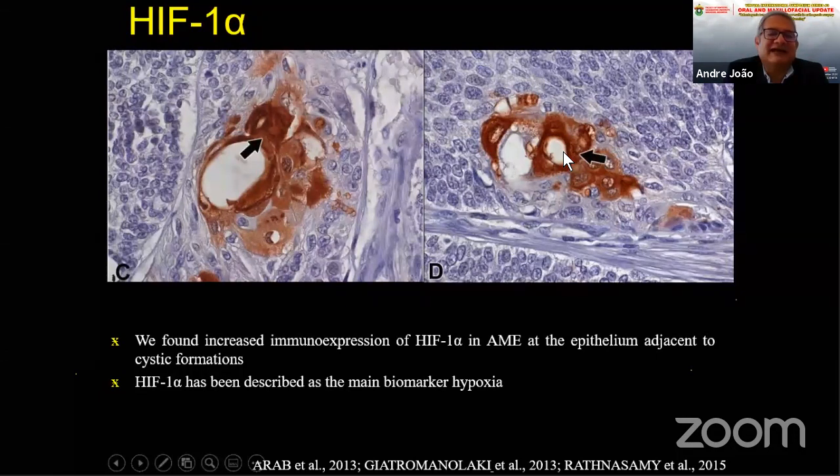We showed in another paper published in Clinical Investigation that HIF-1 alpha stays near the cavity of a lot of odontogenic cysts. Possibly this expression, the hypoxia, is the cause of the formation of the cystic cavity.